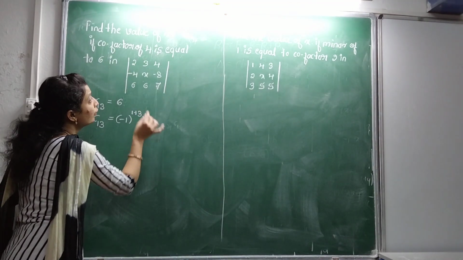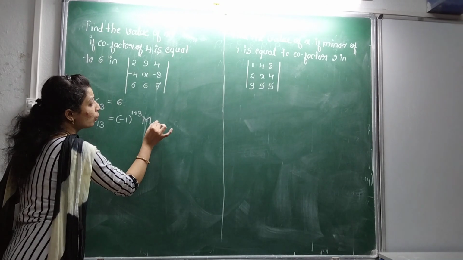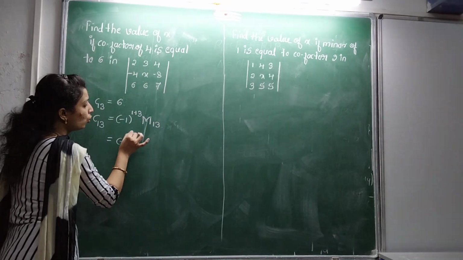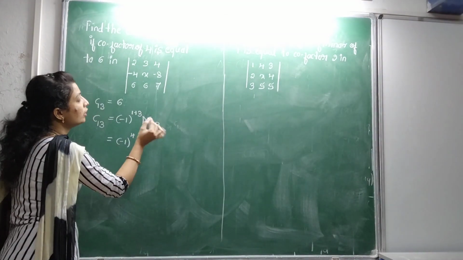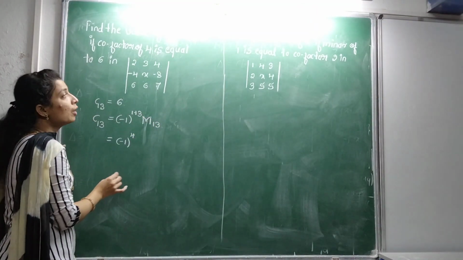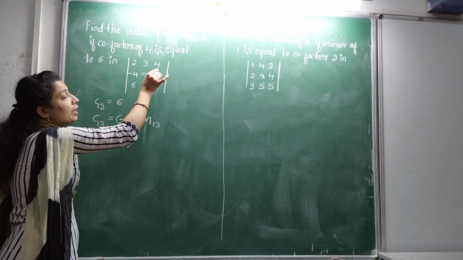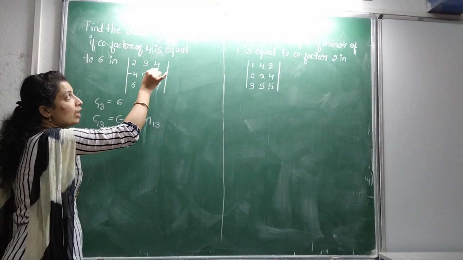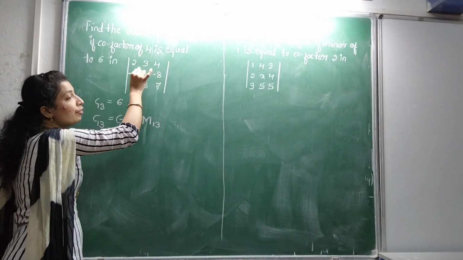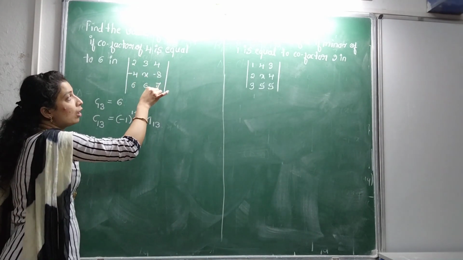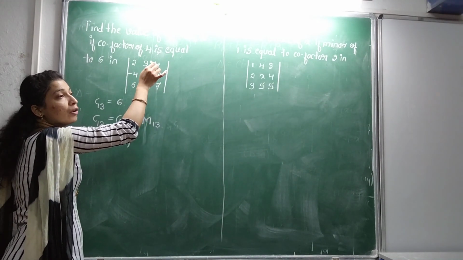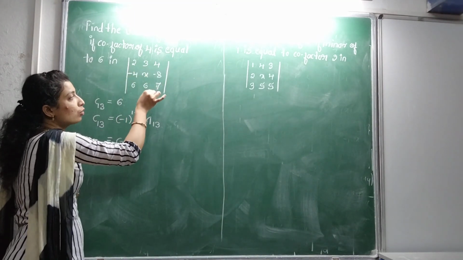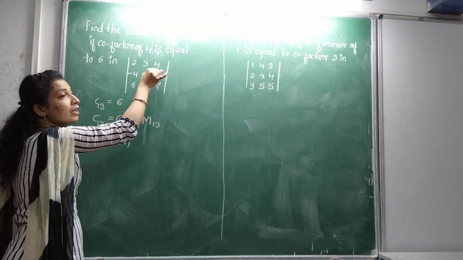The minor of this element 4 is M13. So again we write this as minus 1 whole to the power 4, times the minor M13. By the definition, the minor of an element can be obtained by leaving the row and column in which the element exists.